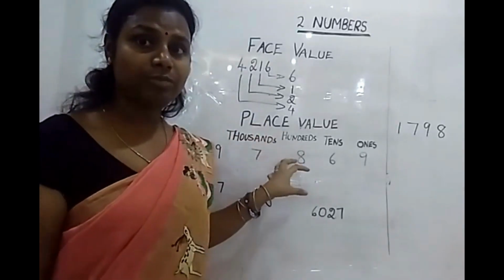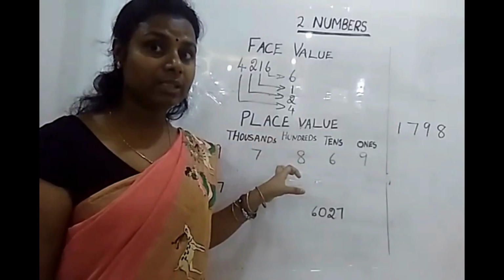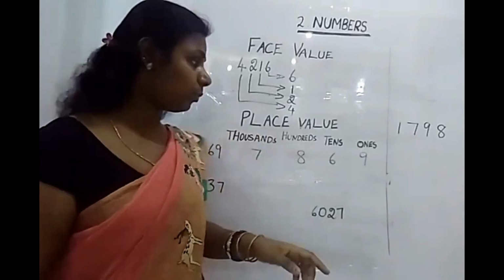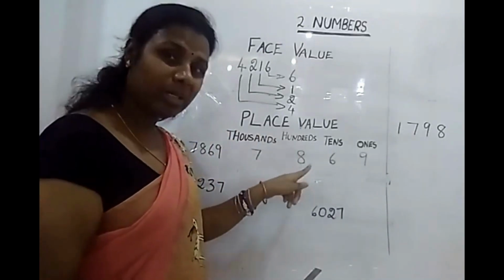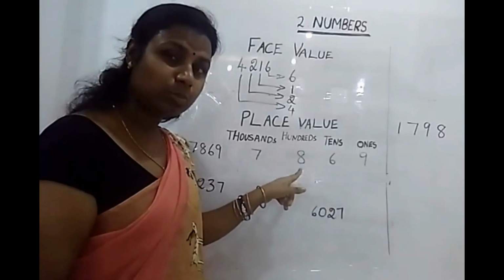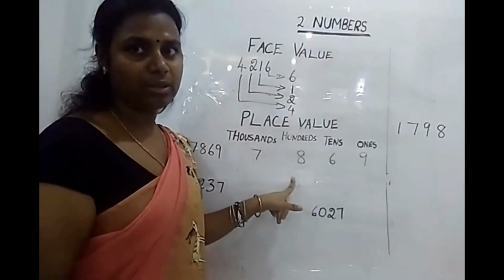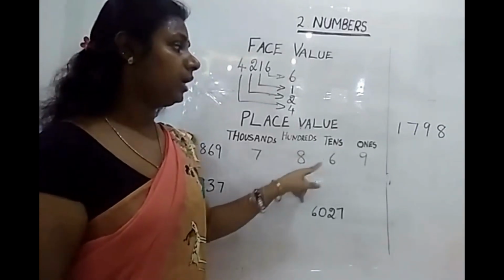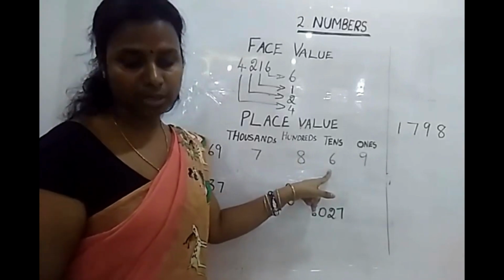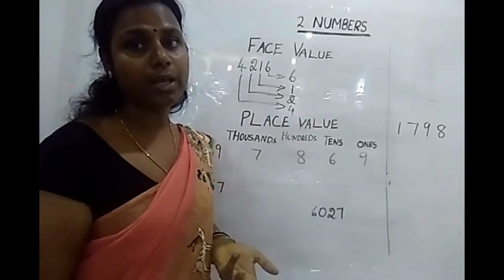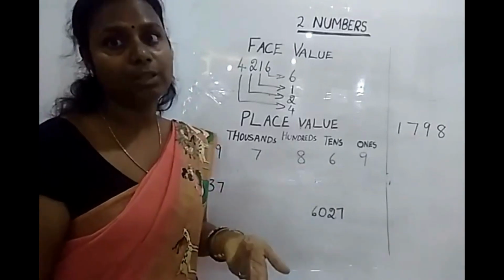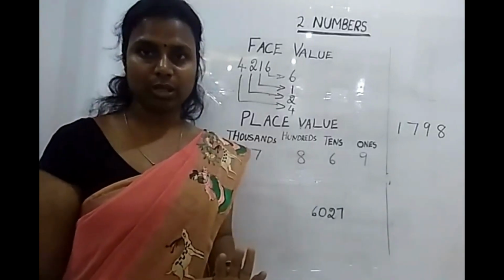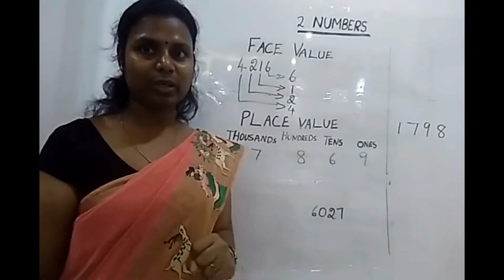Now 8 is in hundreds place, so 800. If 8 would be in tens place, that would be 8 tens. If 8 is in ones place, that would be only 8. If 8 is in thousands place, that would be 8,000. Isn't it? It depends upon its position in the place value chart. That is place value. Okay.